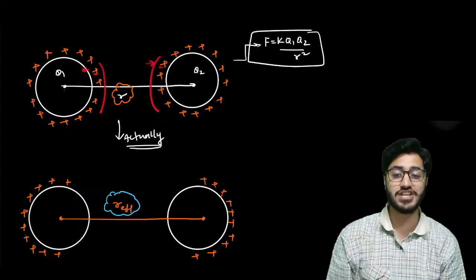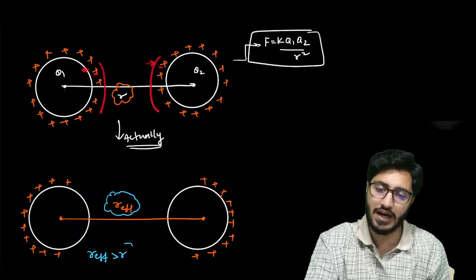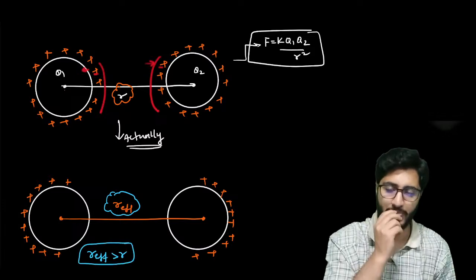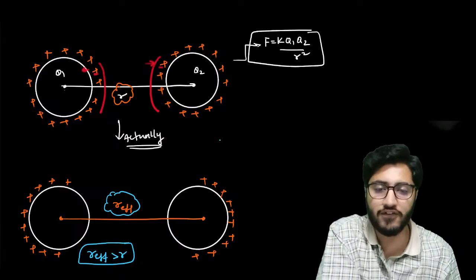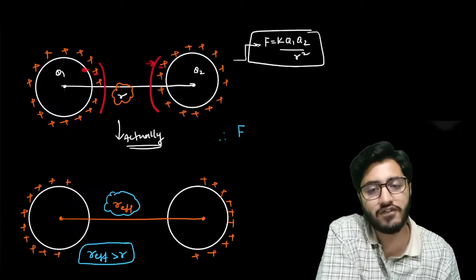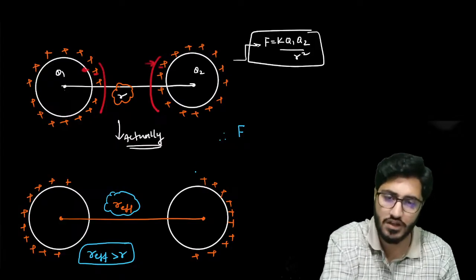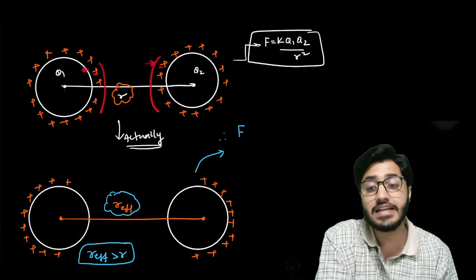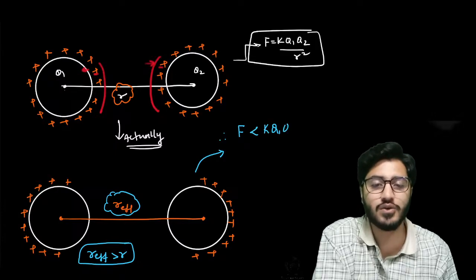So my R effective is more than R. If R effective is more than R, then the force we calculated will be less than K Q1 Q2 by R square.